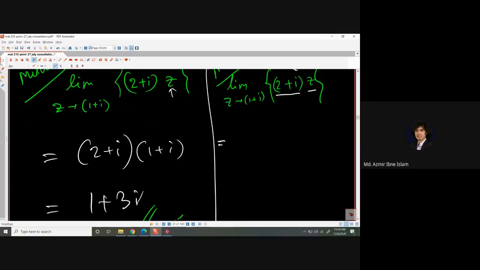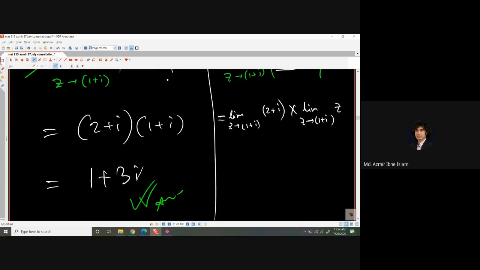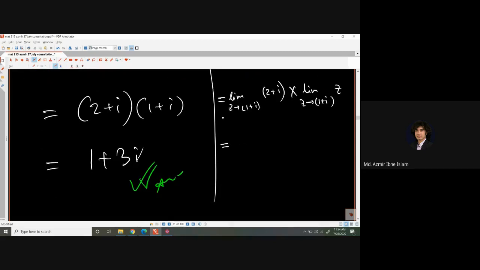So what we can do here: limit z tends to 1 plus i of 2 plus i, times limit z tends to 1 plus i of z. Clear? Since it is a constant, can you understand that this is a constant? Yes, sir.